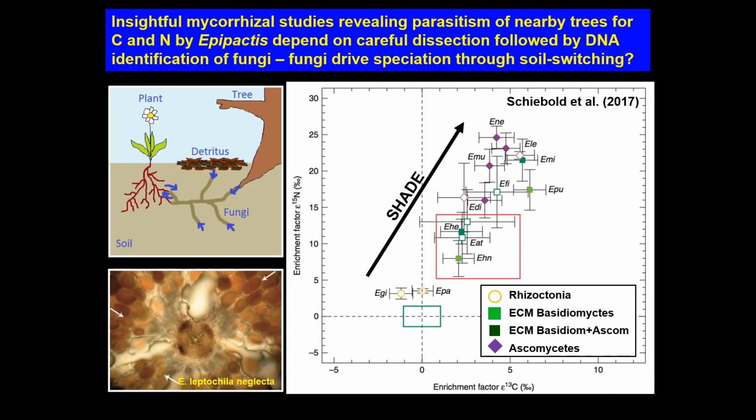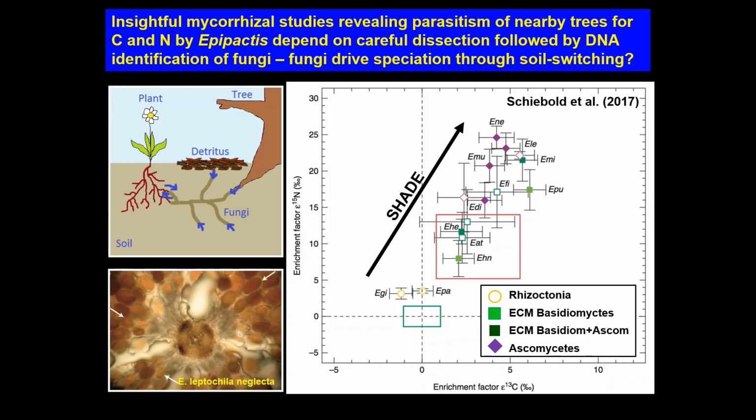And very close to the zero line, the crosshairs, if you like, in this diagram, we have Epipactis palustris, which is telling us that it doesn't rely very much on mycorrhizal fungi. It's mostly photosynthesis that provides nutrition for Epipactis palustris.